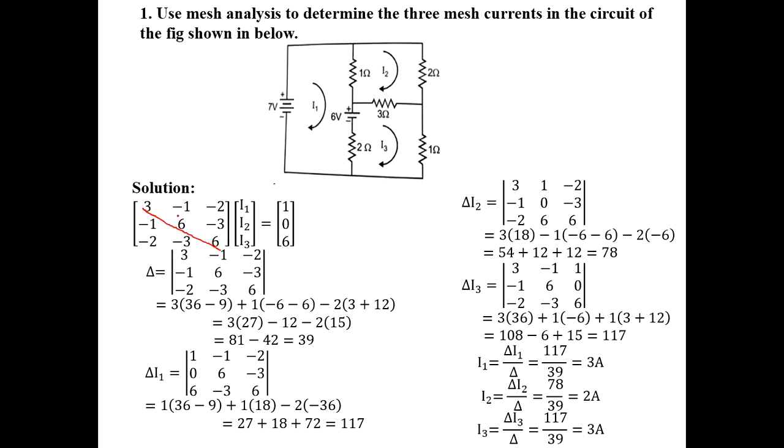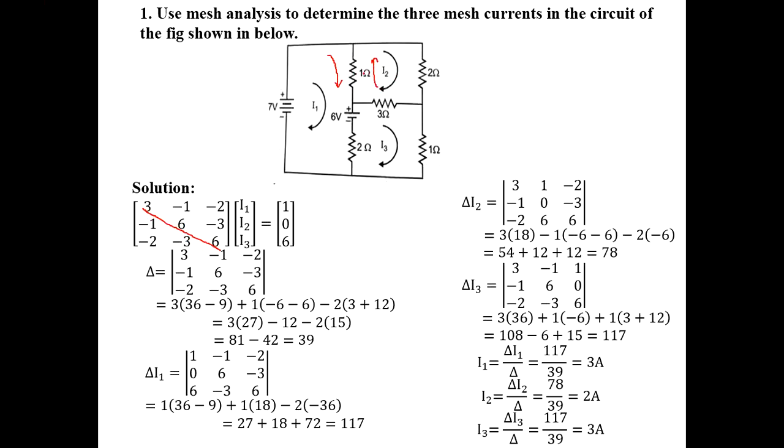Next element is A12. Consider the 1 and 2 loops. The resistor between them has the value 1. Why am I putting a minus? In the first loop the current is flowing in the downward direction, and in the second loop, in this 1 ohm resistor, the current is flowing in the upward direction.